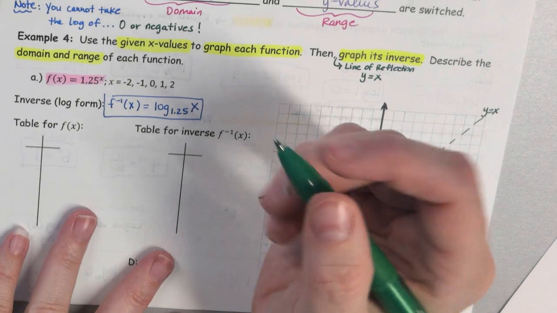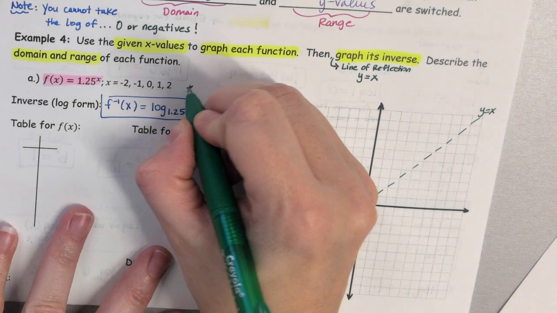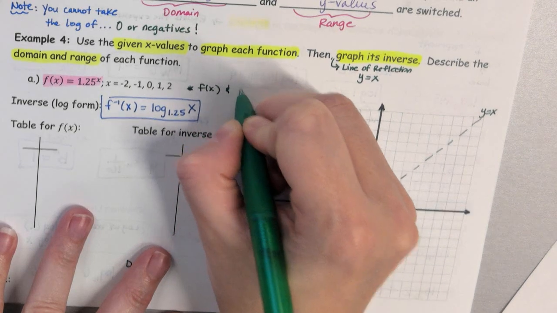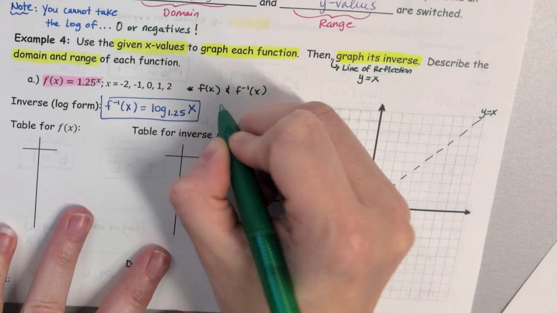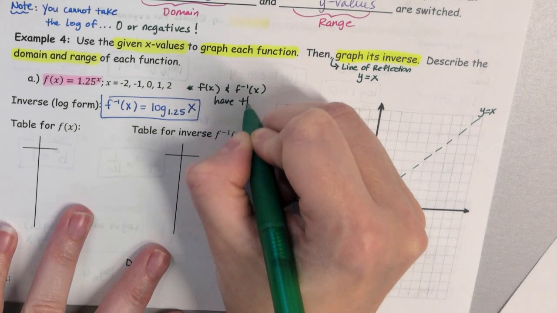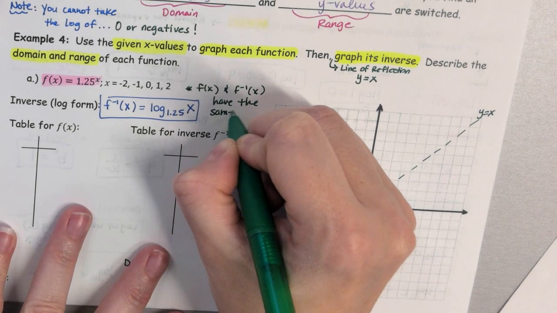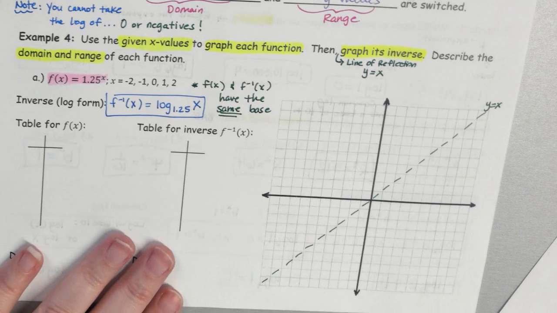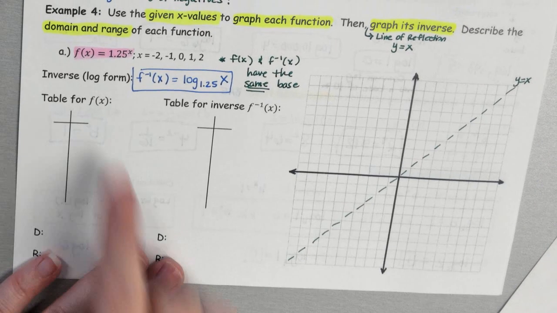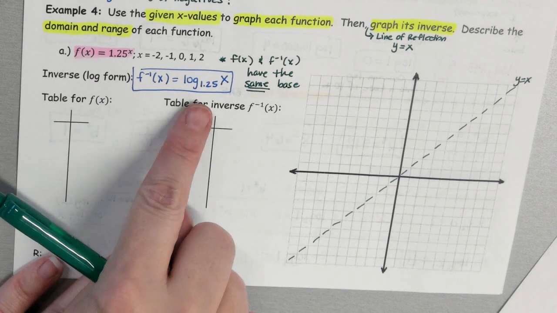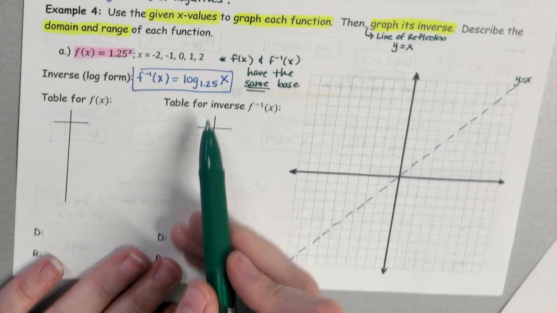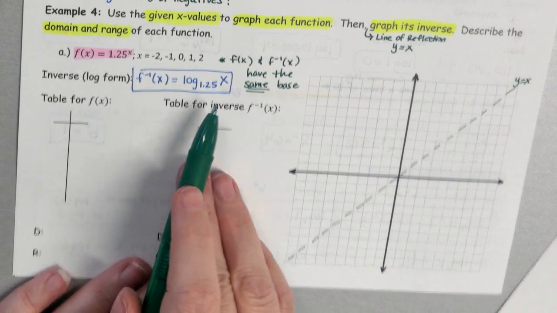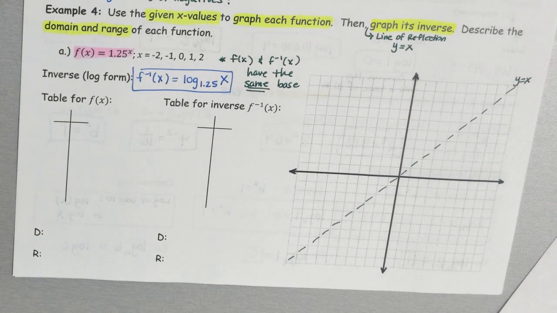Okay, so f of x and f inverse have the same base. Alright, so you are able to write that just from this alone. Again, this is a subscript here, this is lower, everything else is on the same line. This is not an exponent.